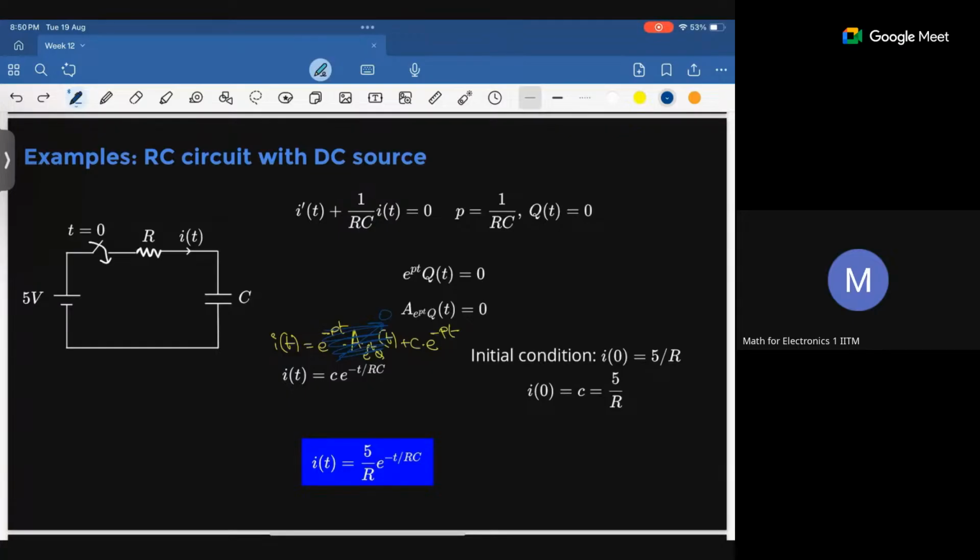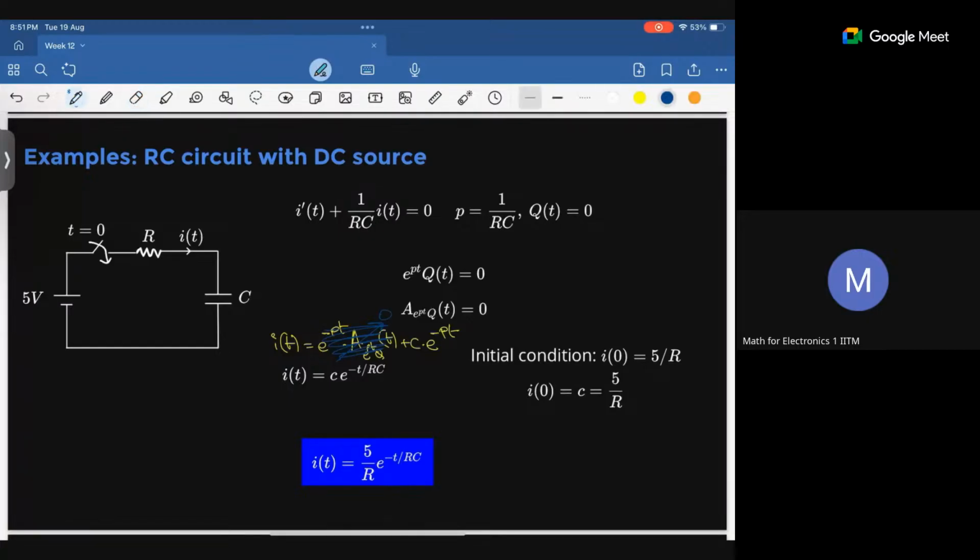So I of 0 will be V by R. V is equal to IR, so I will be V by R, and I of 0 is 5 by R. From there you can substitute t equals 0. We will see that I of 0 is c, and c is 5 by R, and therefore I of t will be 5 by R e power minus t by RC.